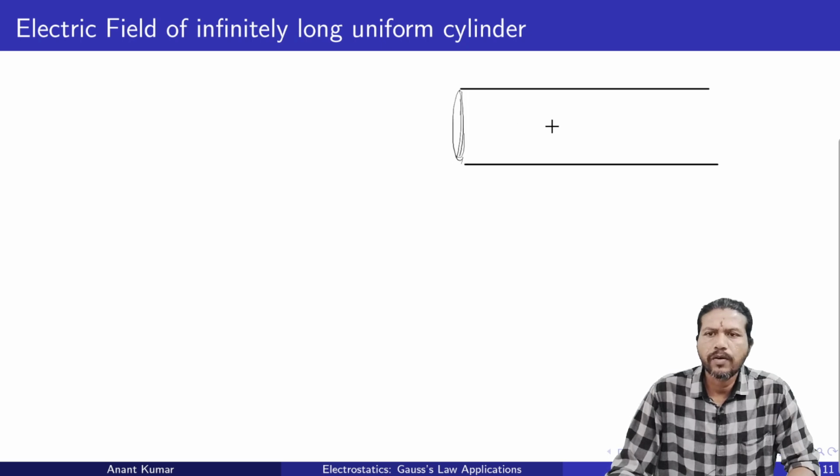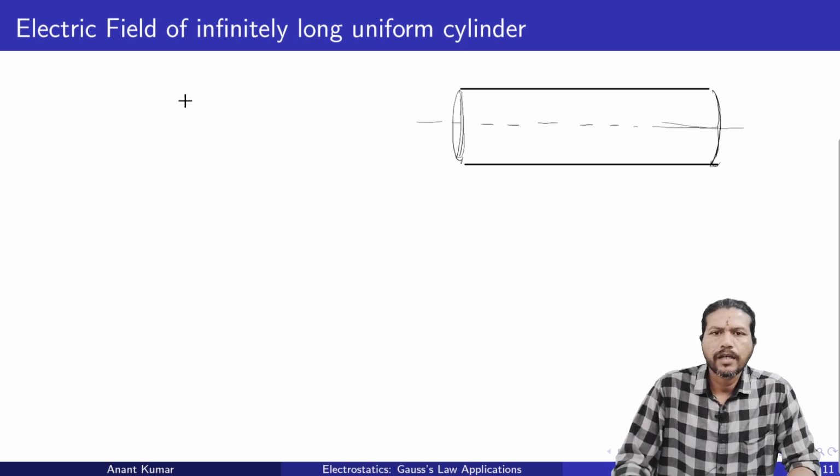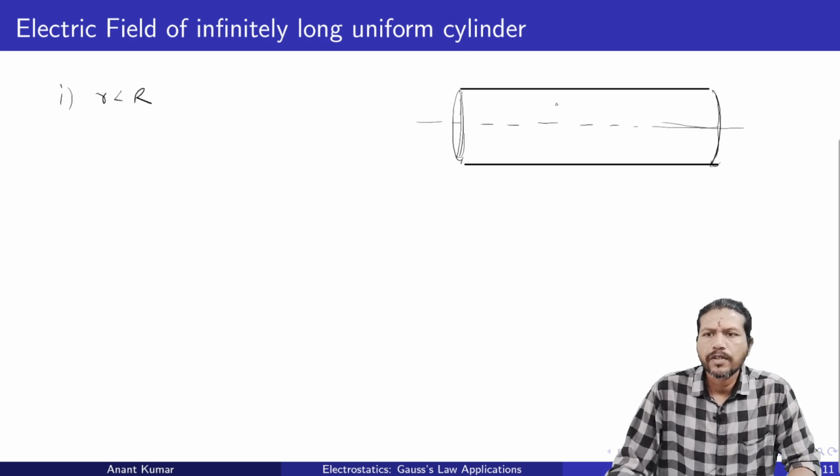So it is filled all inside, solid. Now in this case, if I want to find out the electric field, once again let us consider a point which is inside, like for example over here.